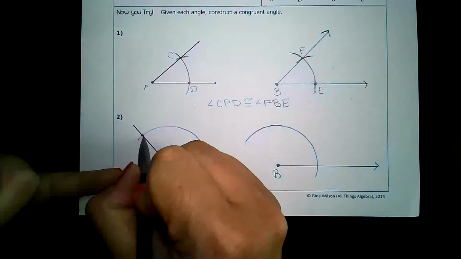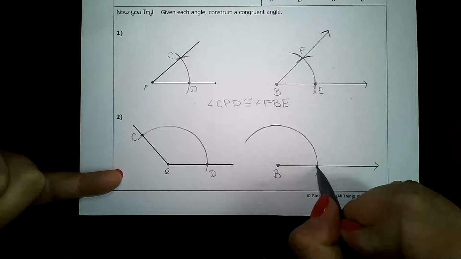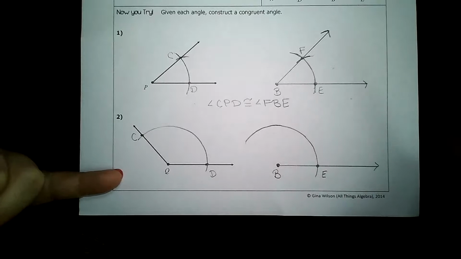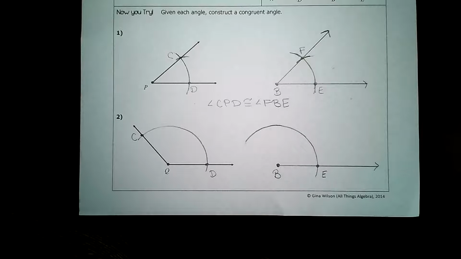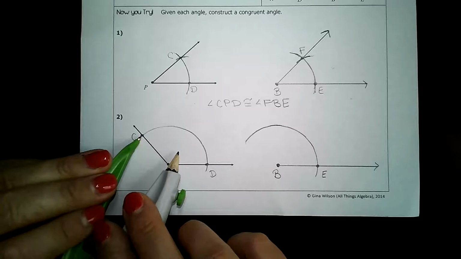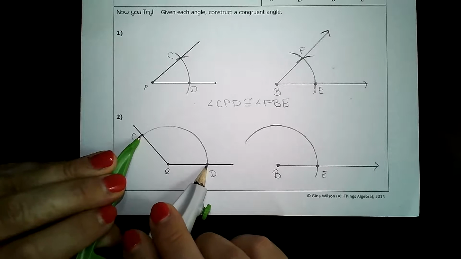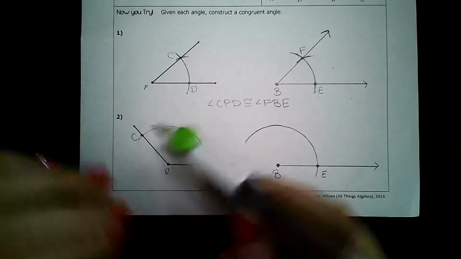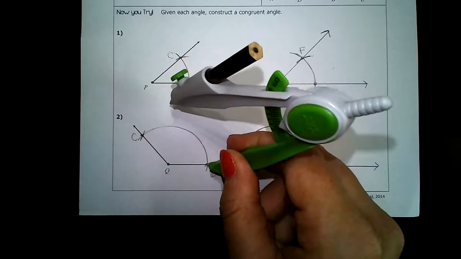We'll call this intersection C and D, and this one E. I'm just picking these letters so that it matches up with the directions up in the top of the page here. Next, set your compass width so that it matches C to D. To be exactly the length from C to D. You can check that by making a little intersection. Looks good.